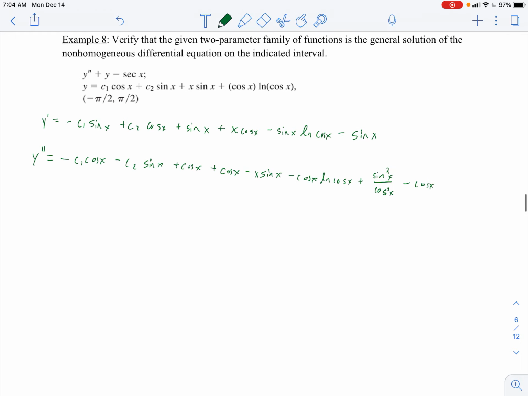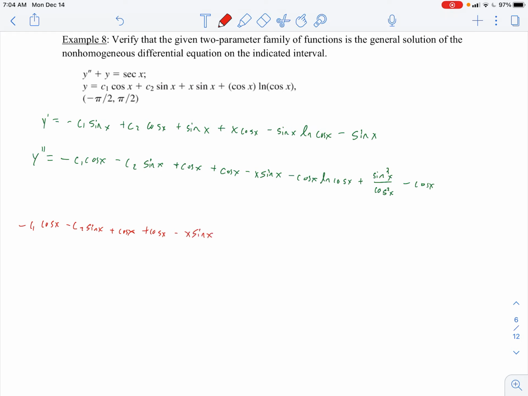Alright, now let's go ahead and add our substitution. So we're going to do y sub 2, which is going to be negative c sub 1 cosine x. And again, you can skip this. This is just notes. I'm just going to rewrite everything. And I would never suggest that you rewrite this. I would just look up and cancel everything. But I just want to write it all out so that you have these notes.